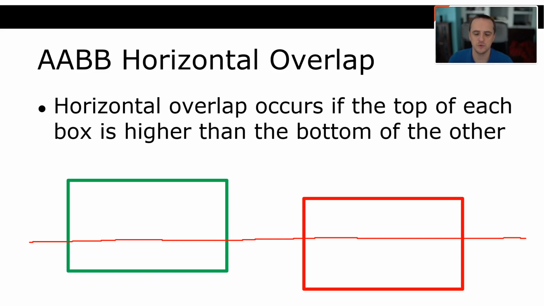There's a really efficient way of detecting that. Horizontal overlap occurs if the top of each box is higher than the bottom of the other box. So if the top of this box is higher than the bottom of this one, and the top of this box is higher than the bottom of that one, then I have a horizontal overlap. Okay? So let's have a look at that.